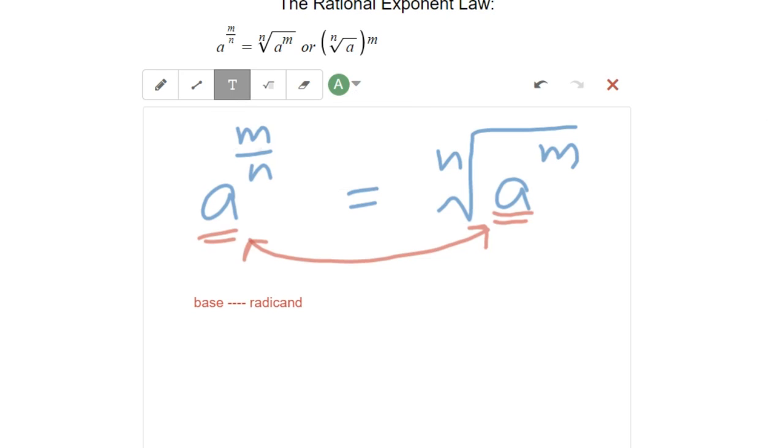The numerator of our rational exponent stays as part of the exponent inside the radical.